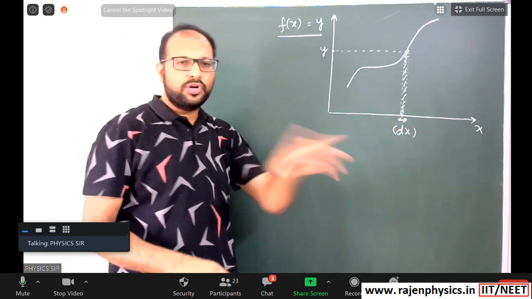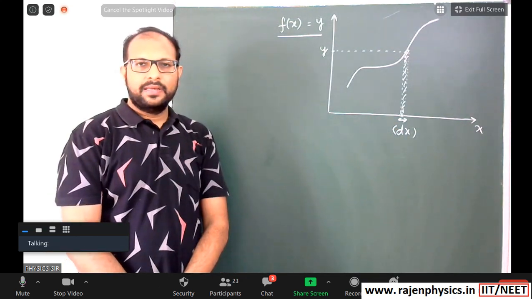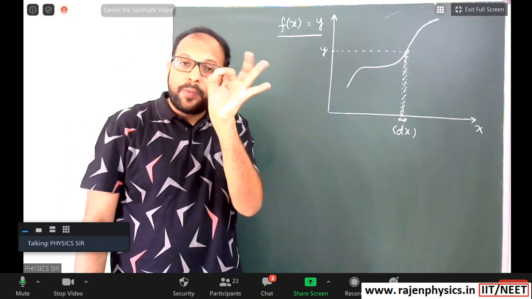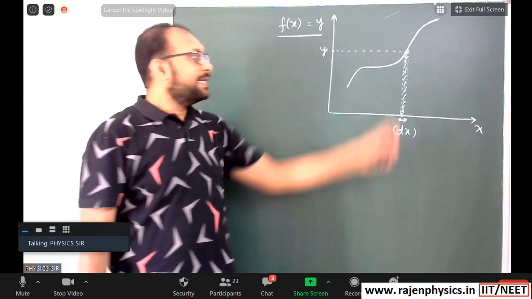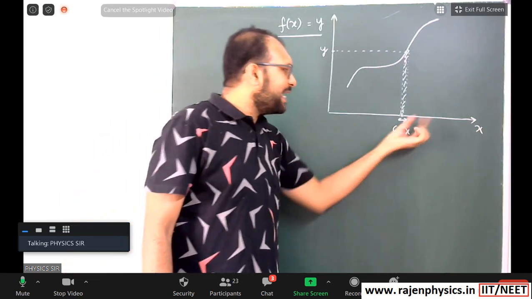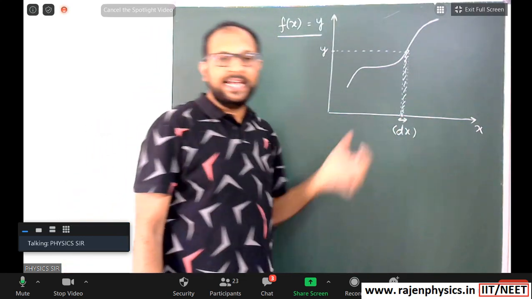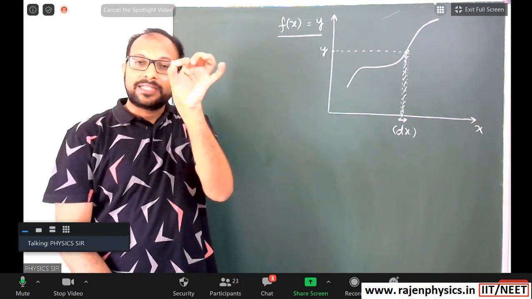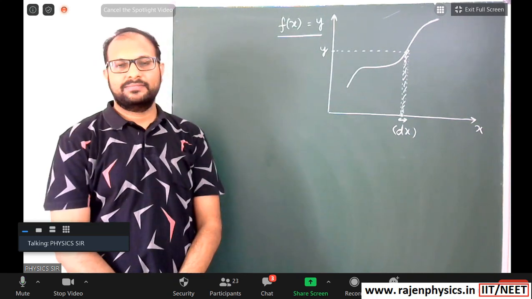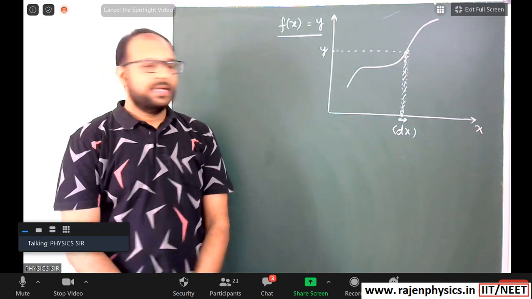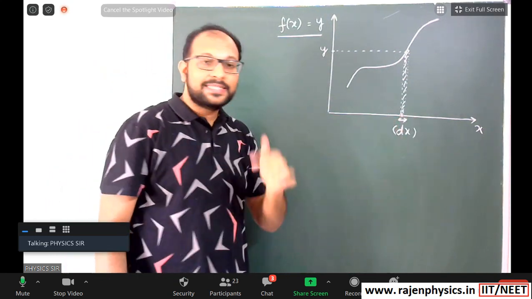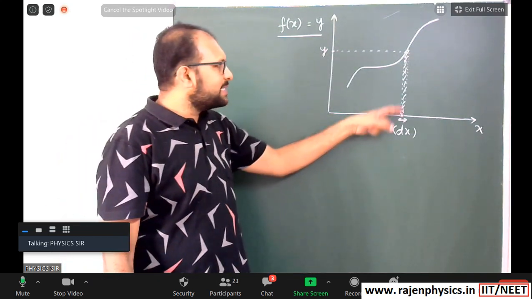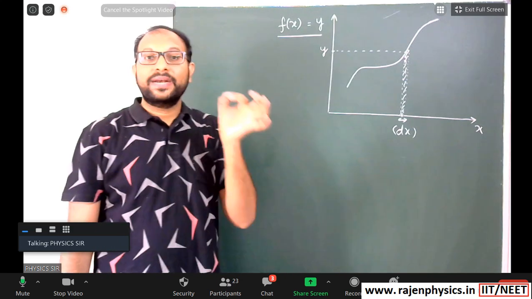Here to here, no doubt, is x, but surrounding that point, the two points I have taken on the x-axis differ by dx. But for these two points, approximately the same y value holds. So that's why this looks like a rectangle.